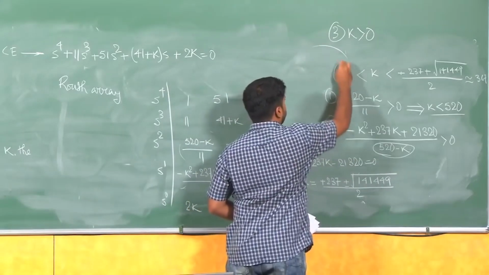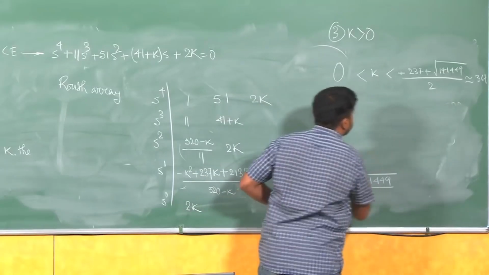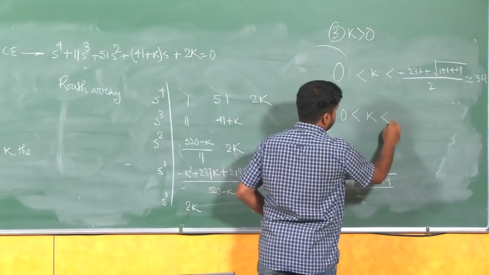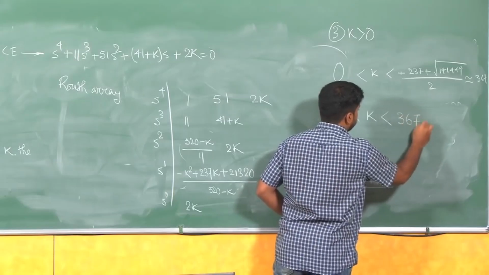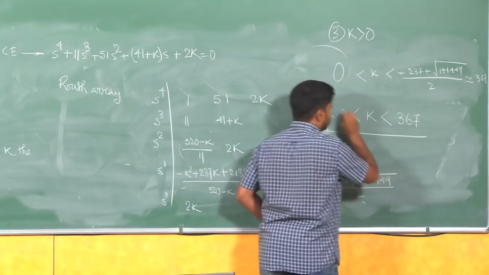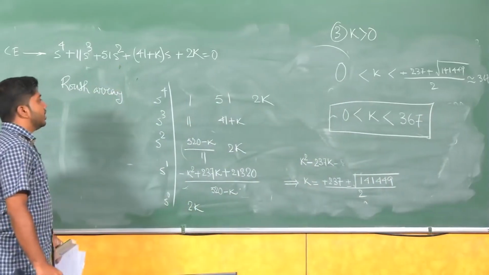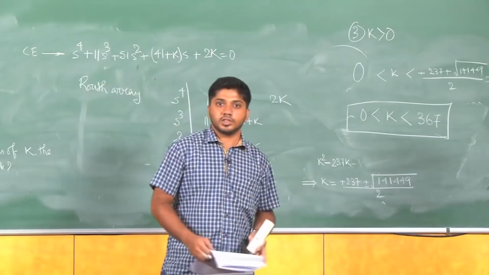The range of K is now 0 less than K less than 367. Within this range, the entire closed loop feedback system will be stable. That is it. Thank you.